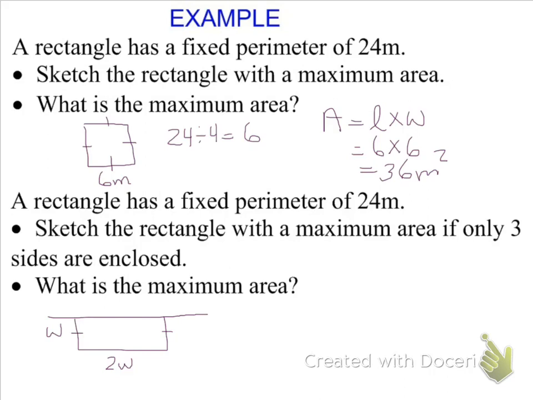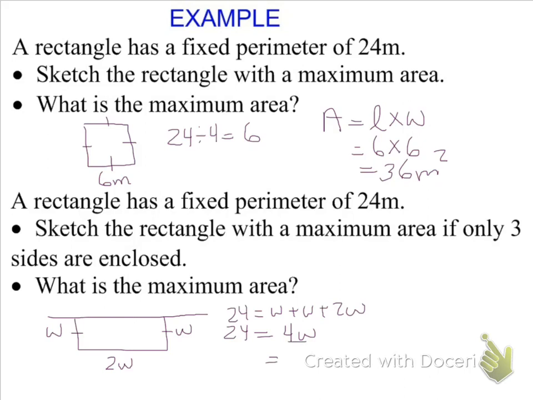So let's see if we can figure this out. We know that the perimeter, which is 24, will be equal to all of these sides added up. So we have width plus width plus 2 width. Well, that's a total of 4W, or 4 width, equals 24.